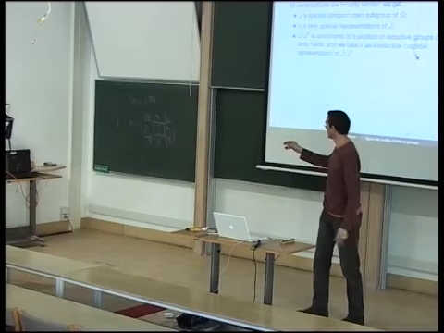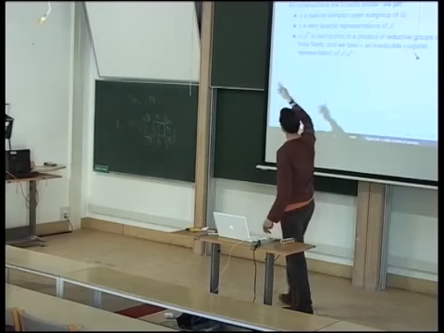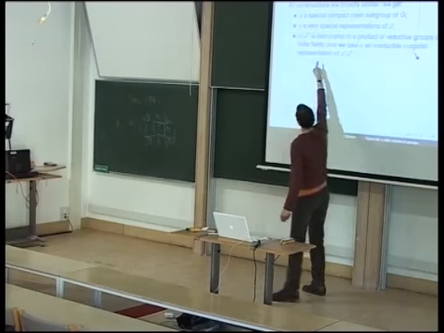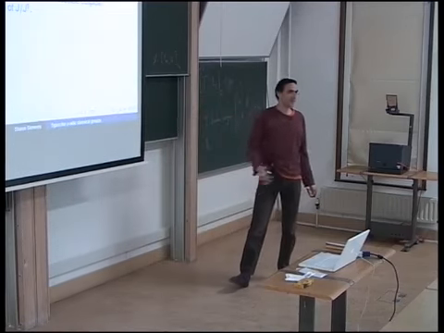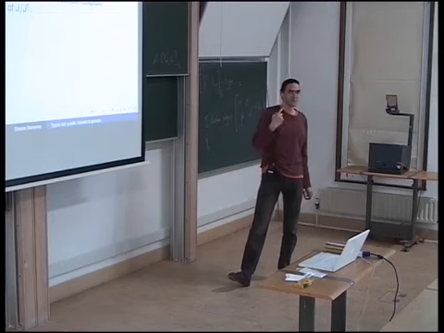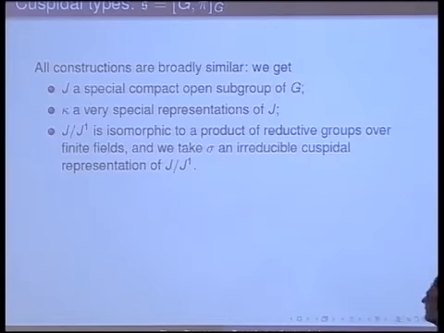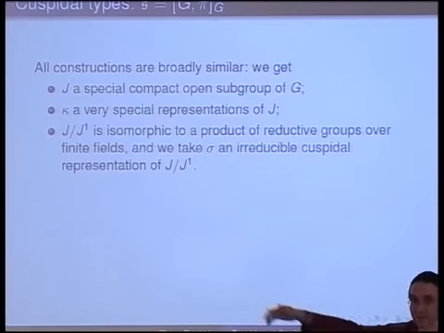So even if I started with G as a symplectic group, the sorts of groups I might get here, I might get unitary groups, I might get orthogonal groups, and by orthogonal groups, I mean the full orthogonal group, not just the special orthogonal group. So this is not connected, and the fields that they're defined over might be some extension of the field that we started with as well.